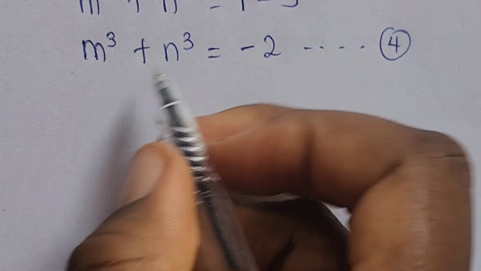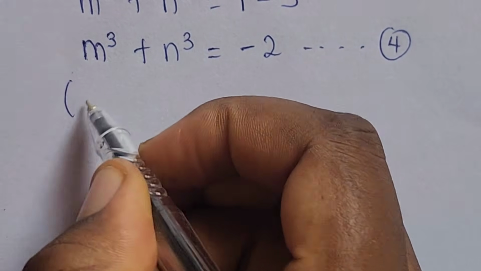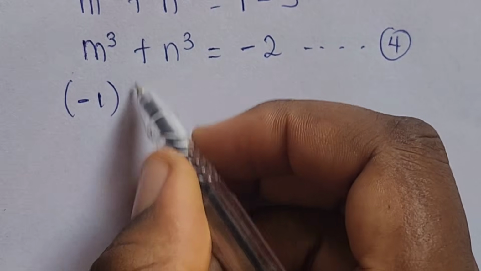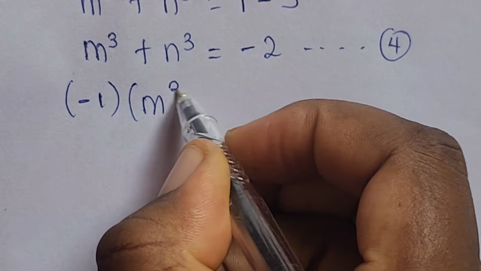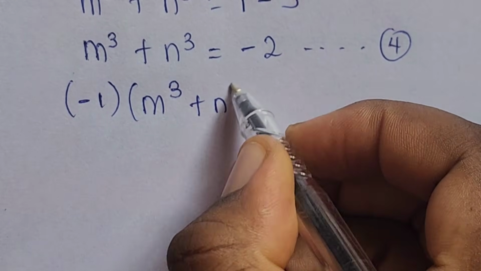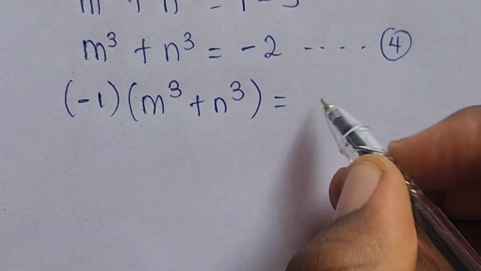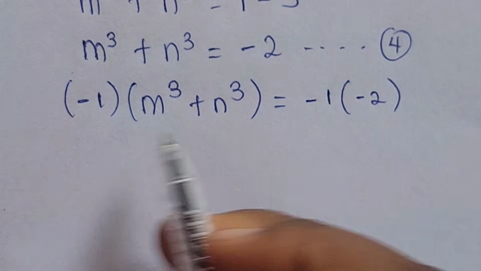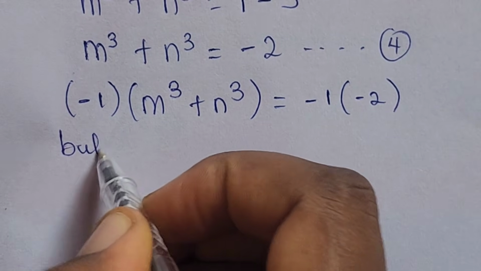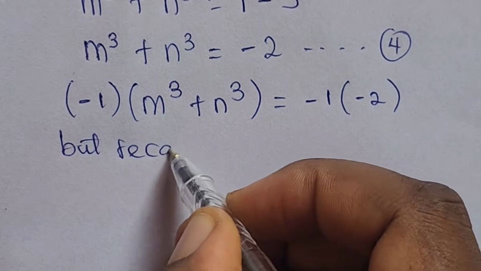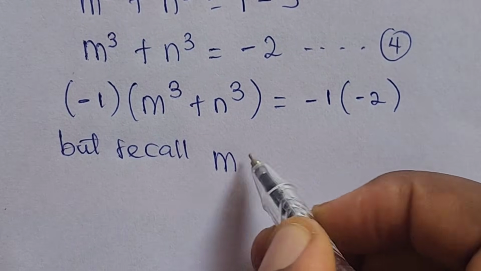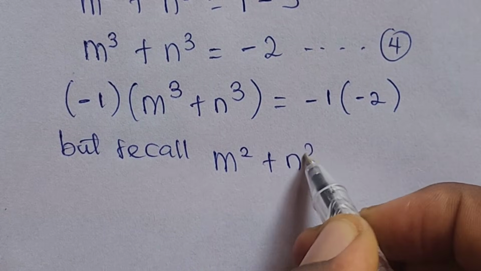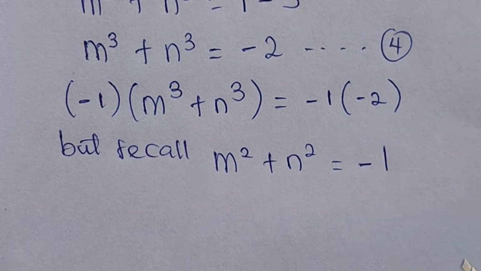So from here, let's multiply both sides by minus 1 to have minus 1 times m cube plus n cube to be equal to minus 1 times minus 2. But let's recall that our m squared plus n squared is equal to minus 1.